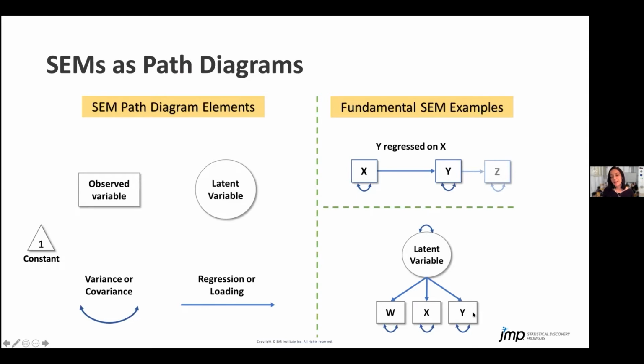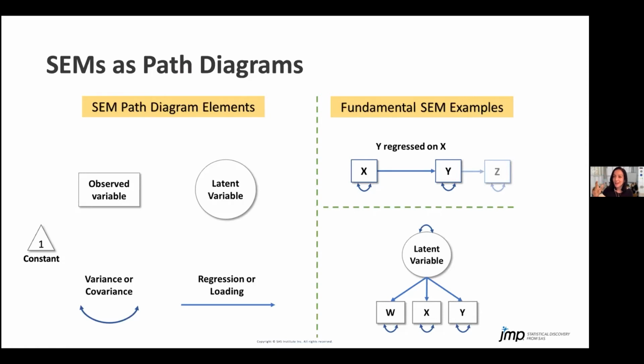And the reason for that is because in SEM and in the traditional factor analytic perspective of latent variables, these latent variables are underlying causal variables. They're hypothesized to cause the common variability we observe on the measured variables. And that's a really important definition. So I want to make sure that that's clear, right?